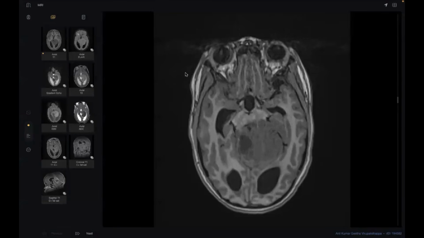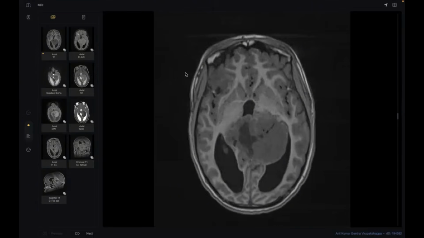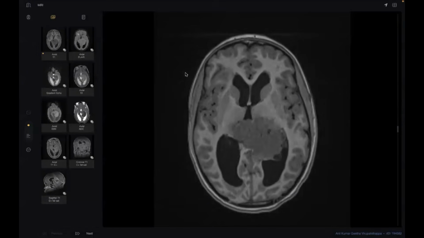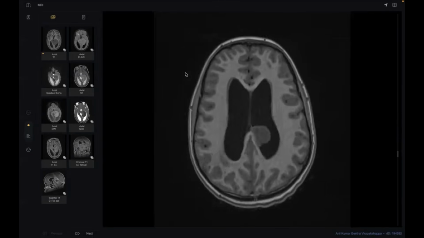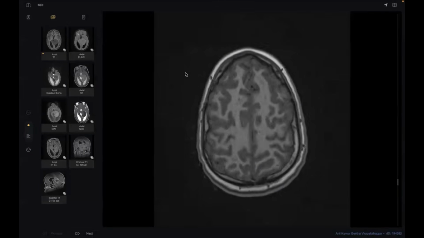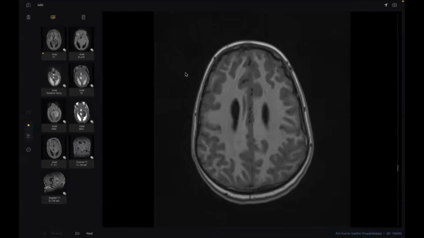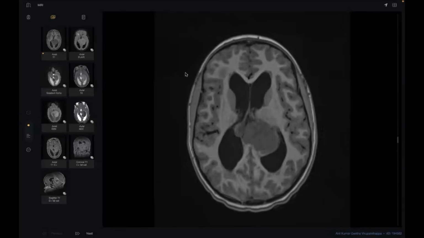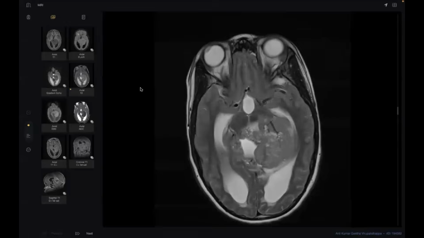It has stopped scrolling. The third ventricle is also dilated. If I can look at this T2 or post contrast image to further characterize this.